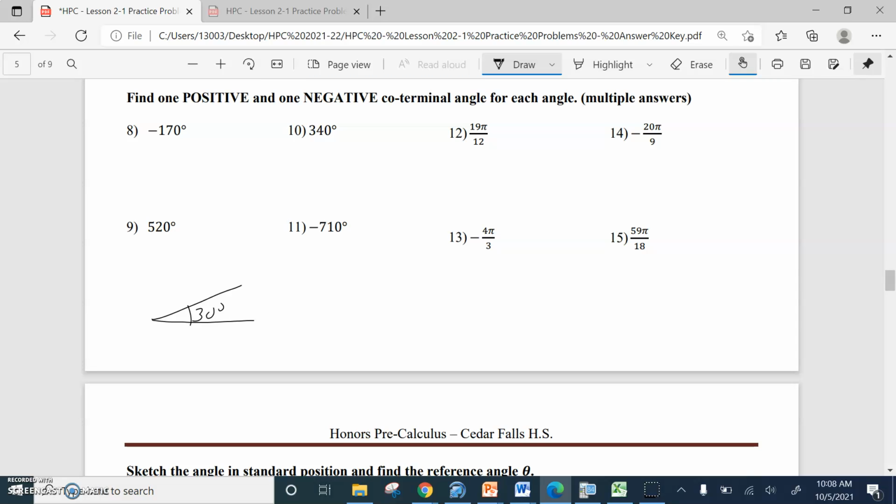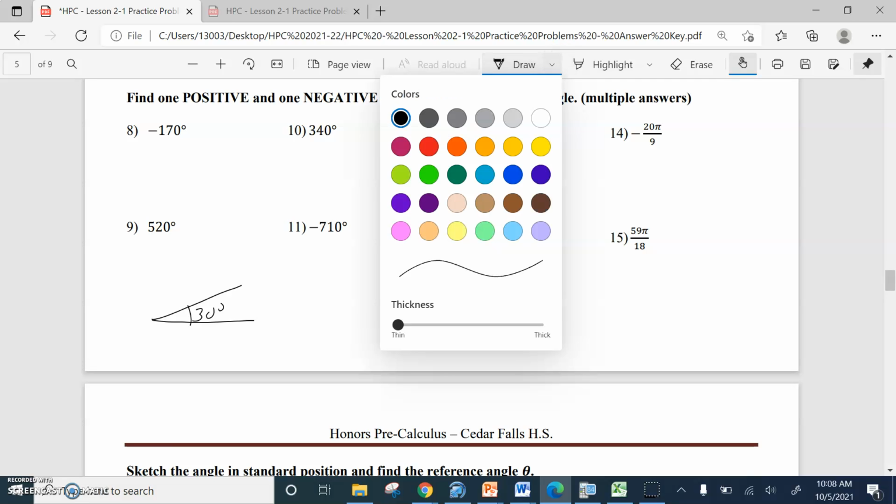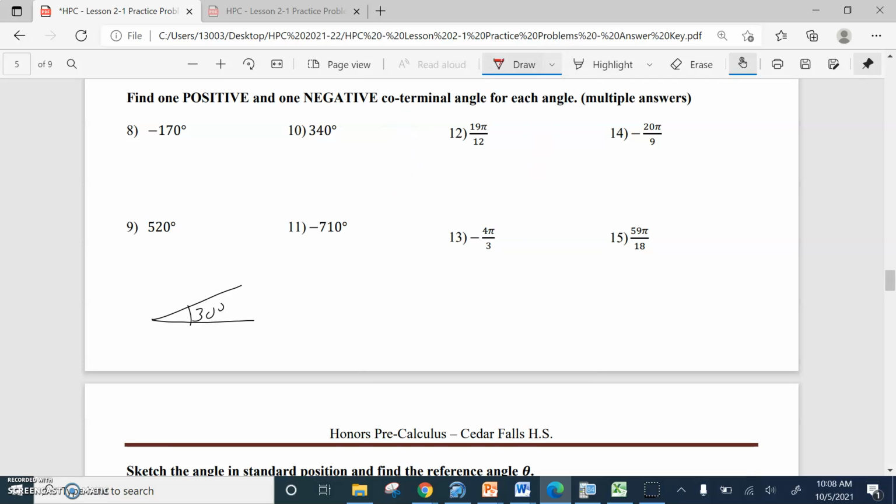Any coterminal angle would be any angle that ends at the same spot. So instead of just going up 30 degrees, if I went all the way around the circle, 360 plus another 30, another coterminal would be 390 degrees.